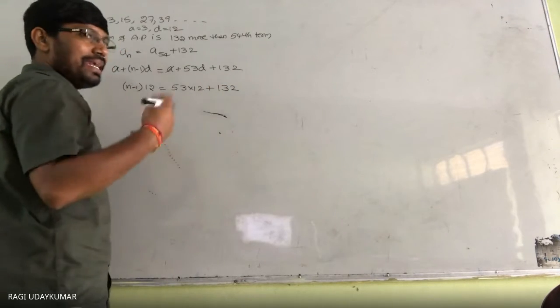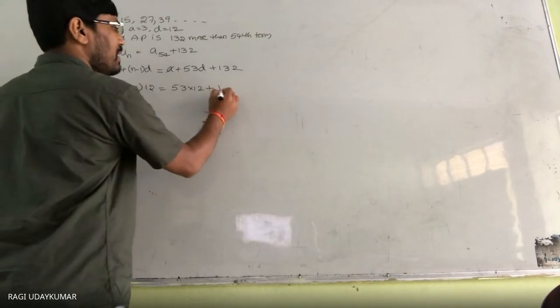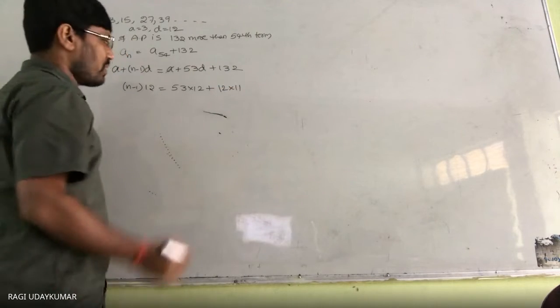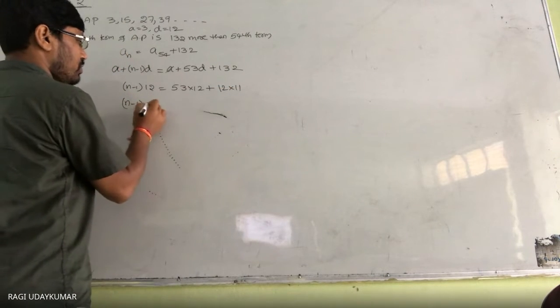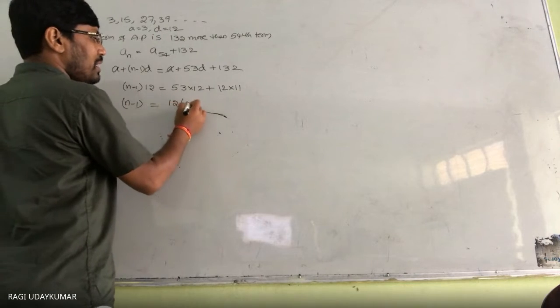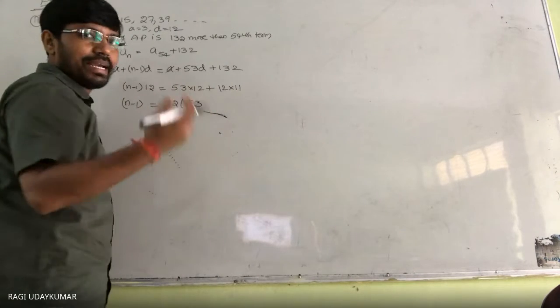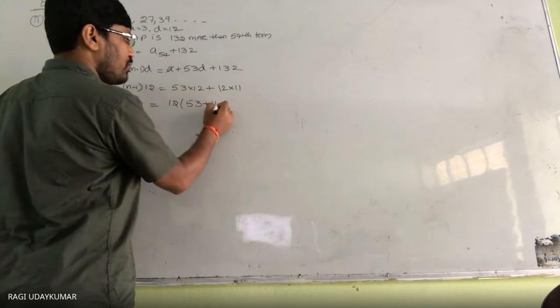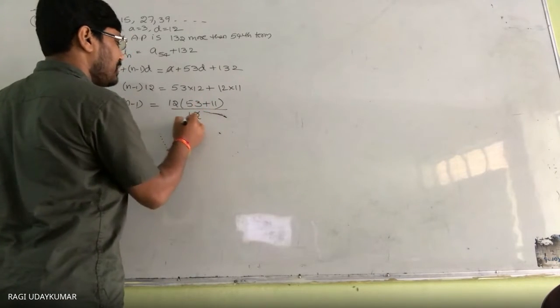To make it a little easier, 132 can be written as 12 into 11. So n minus 1 is equal to 12, take it common; no multiplication is needed. These are the tricks you need to follow to make calculations easy.